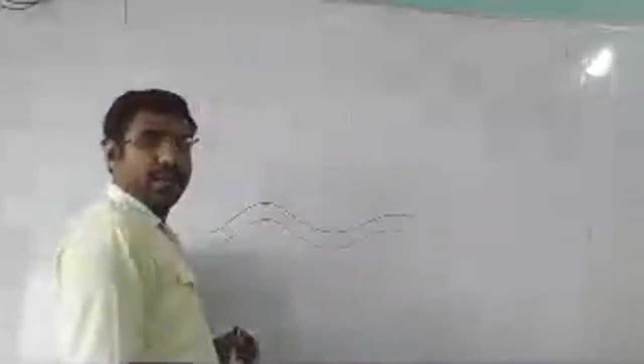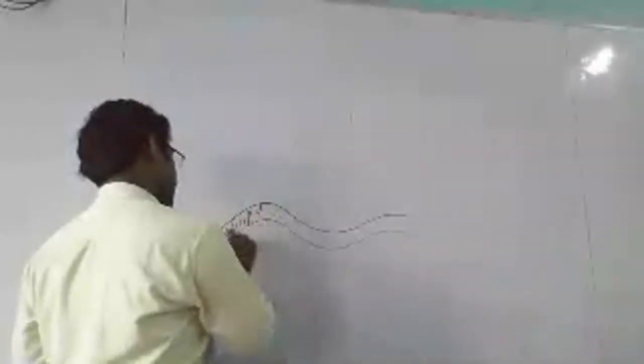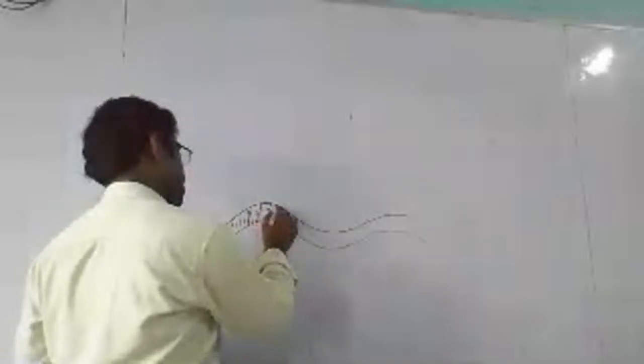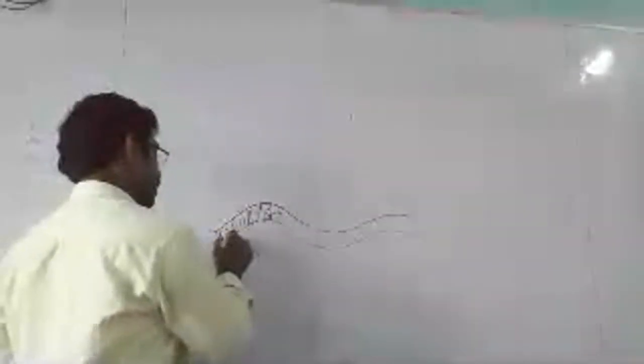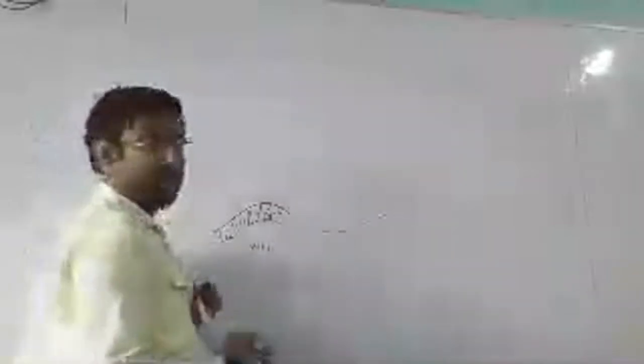This is small intestine. The small intestine has finger-like projections. These are called villi. And what is their function?